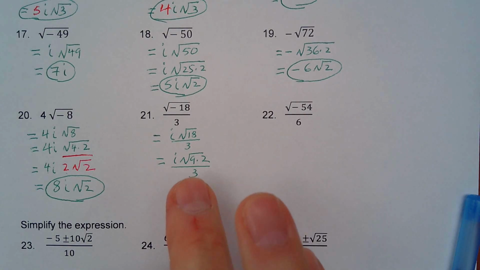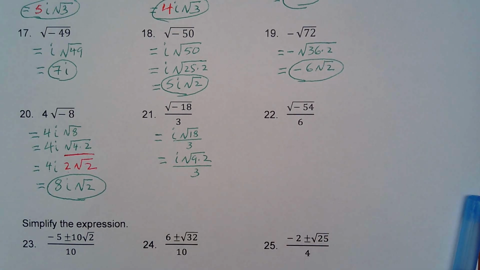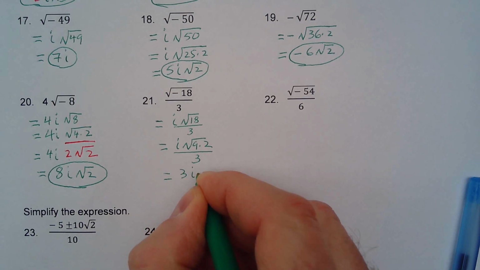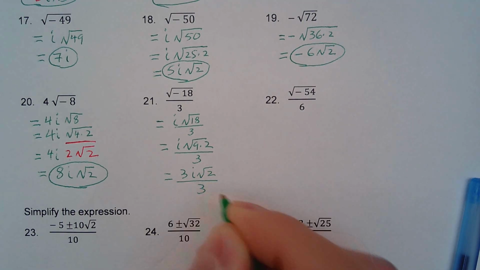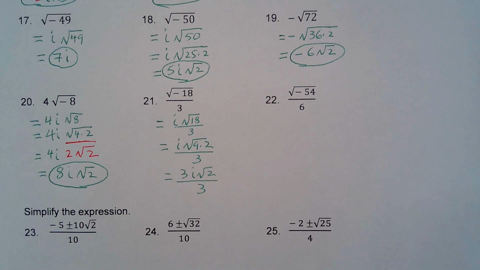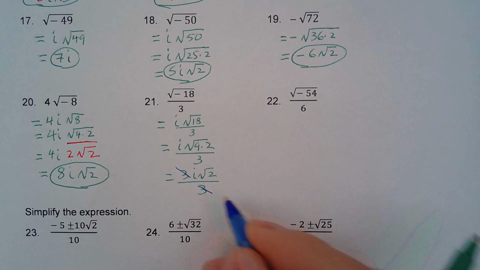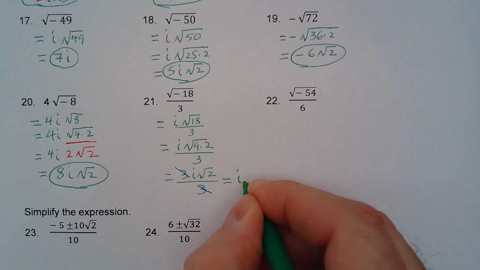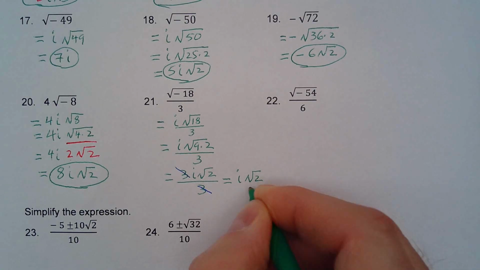And then the square root of 9 gives me 3. So that gives me 3i square root of 2 over 3. But then these 3s divide out, and so I'm just left with i square root of 2.